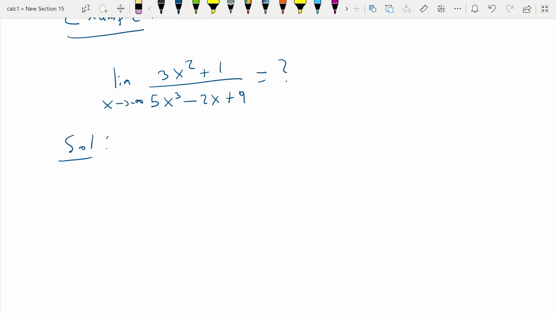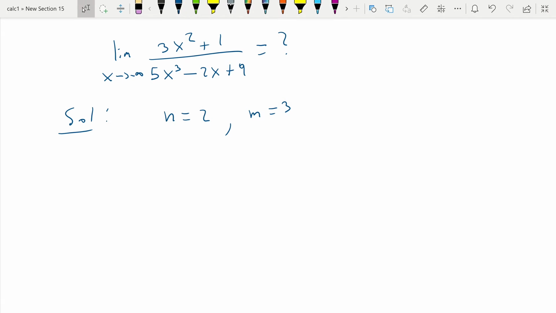So here in this case, n is equal to 2, that's the degree of the numerator, and m is equal to 3, which is the degree of the denominator. And what matters is a_n, which is 3, and b_m, which is 5.